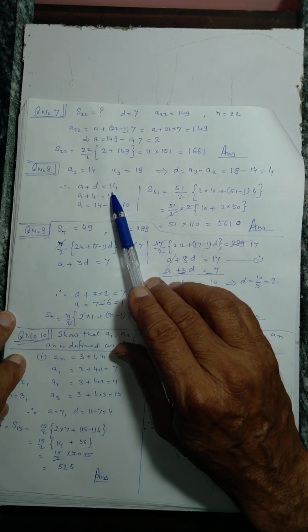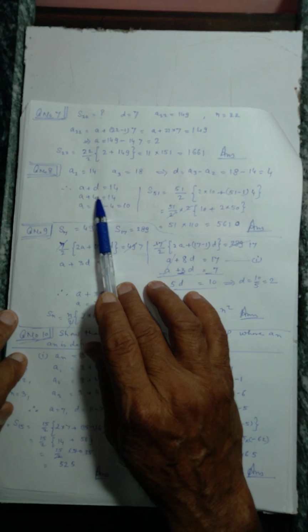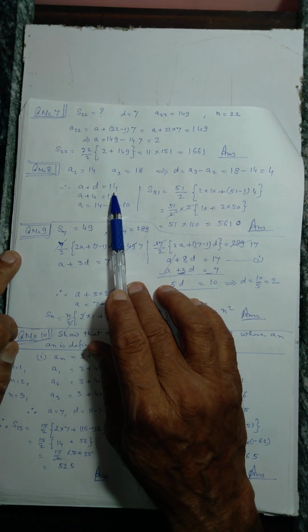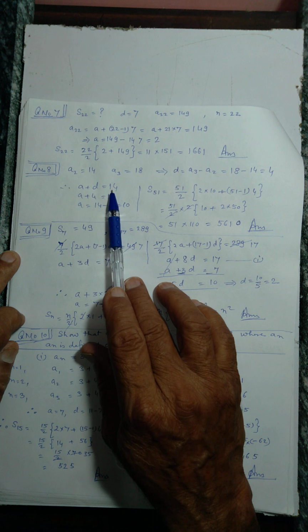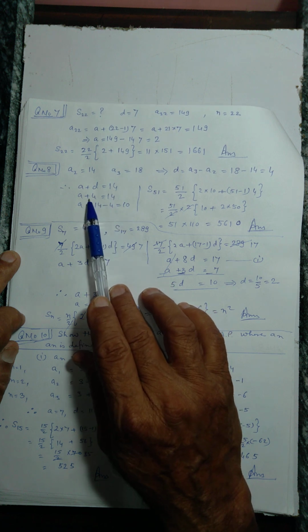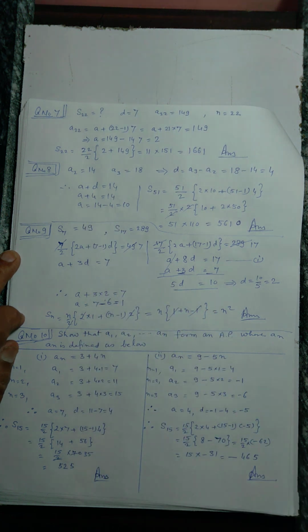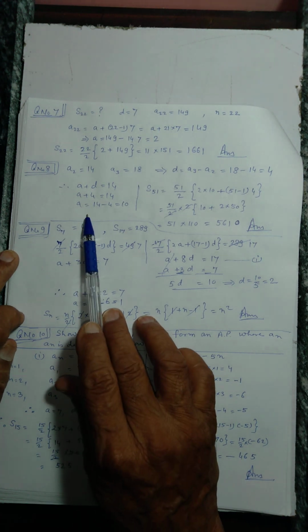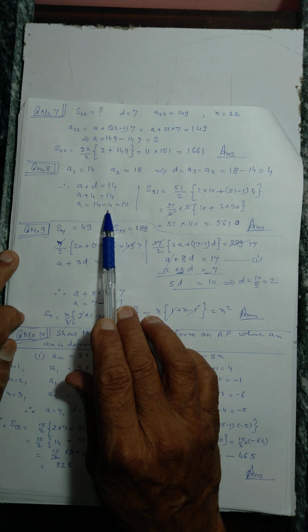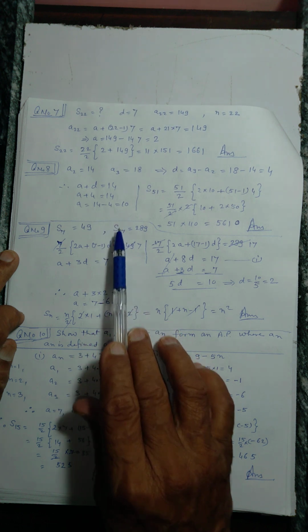So A plus D is equal to 14. In place of D, you can write down 4, so A will be equal to 14 minus 4, that is equal to 10.